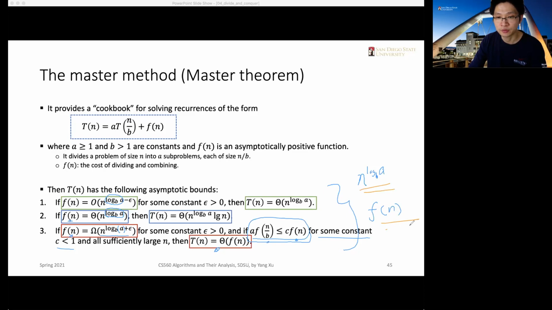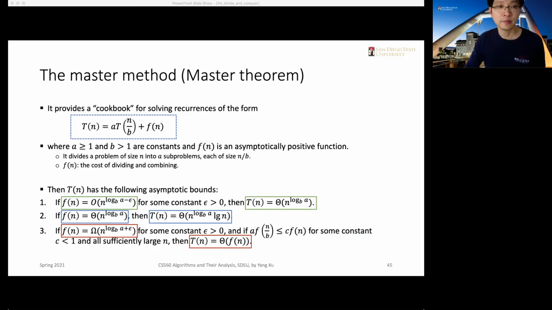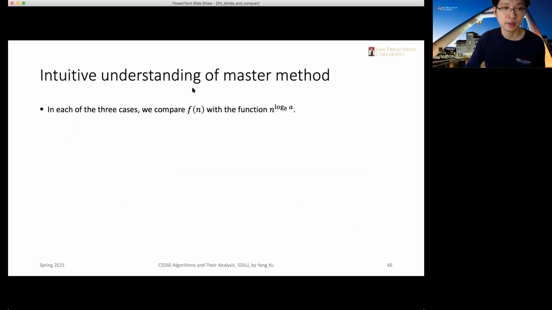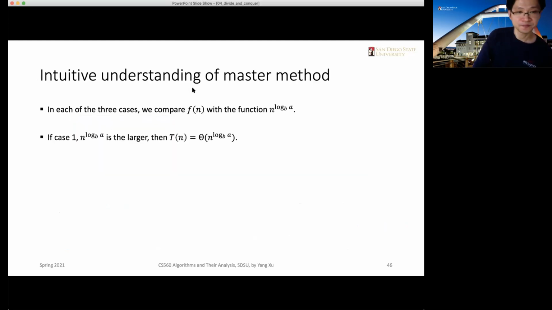Intuitively, the first case says that if the polynomial function is larger and grows faster, then the solution is dominated by this polynomial function.